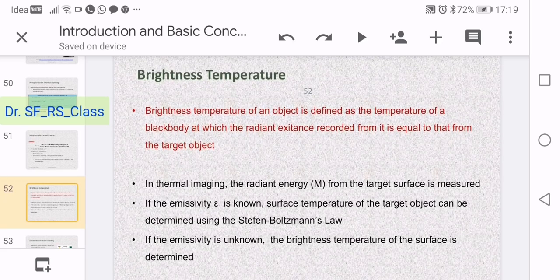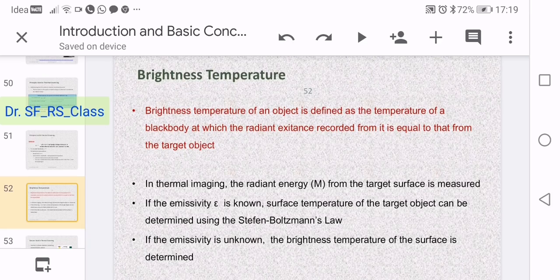And there is a brightness temperature concept. If we don't know the emissivity of the object, we can utilize the brightness temperature concept. Brightness temperature of an object is defined as the temperature of a black body at which the radiant excitance recorded from it is equal to that of the target object.